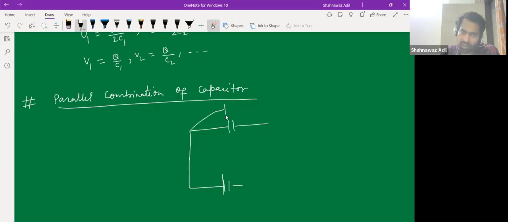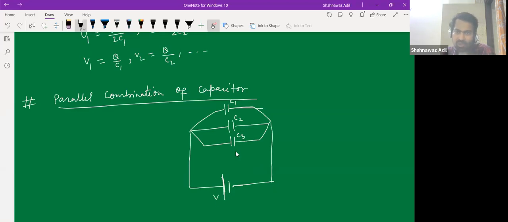Let's say we add three capacitors. So this is C1, C2, C3, and this is the battery. Because this is a parallel combination, the voltage is the same.